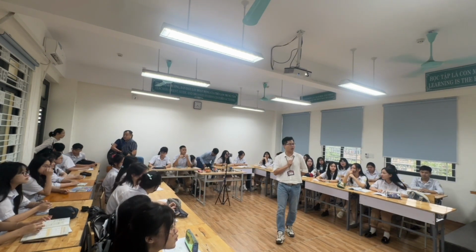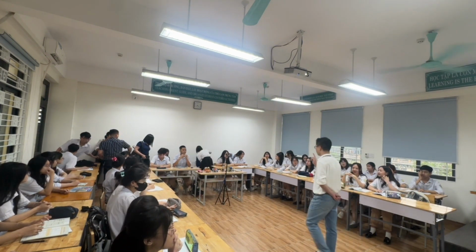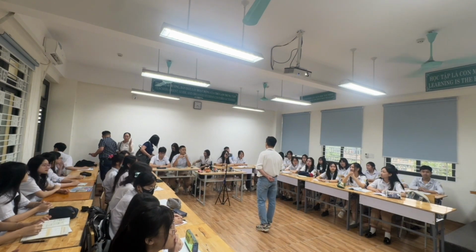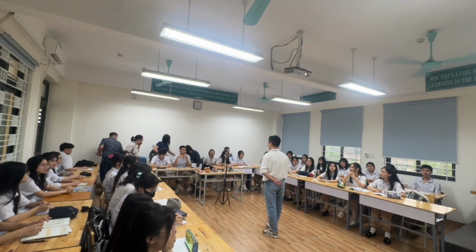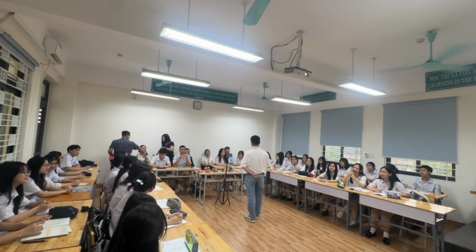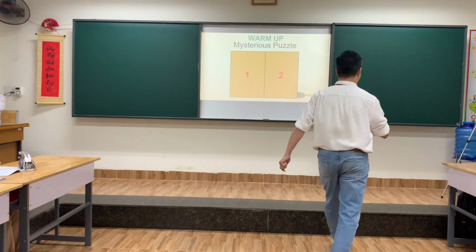Puzzle 1, the question is: Which country invented the rocket, pháo thăng thiên? Another name is rocket.